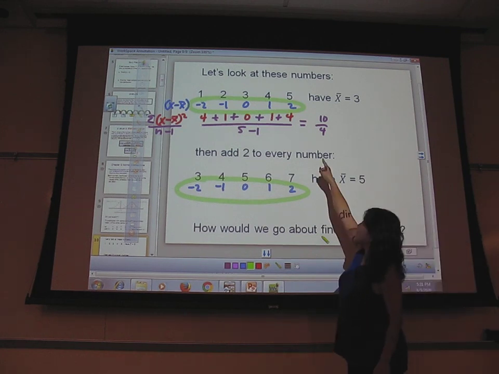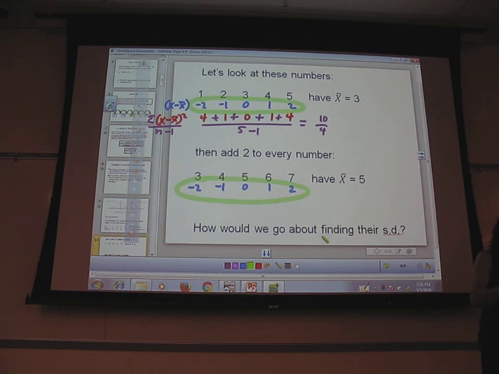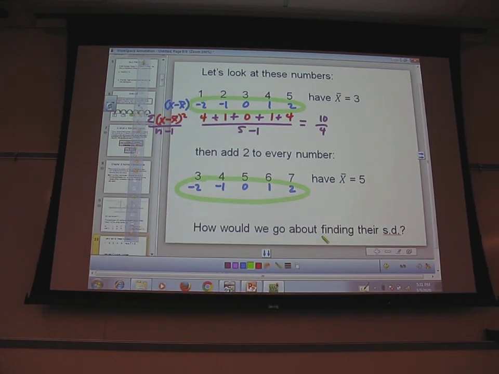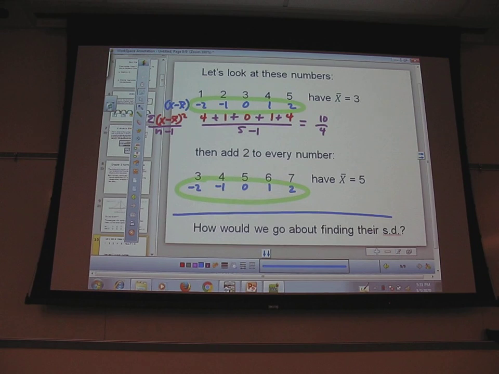Because that standard deviation is exactly the same as that standard deviation. How far they are away from their mean is exactly the same. Because all of them have gotten shifted. Right? They've all moved together. Right? So this is all of them. Here's our number line. Here's 1, 2, 3, 4, and 5.